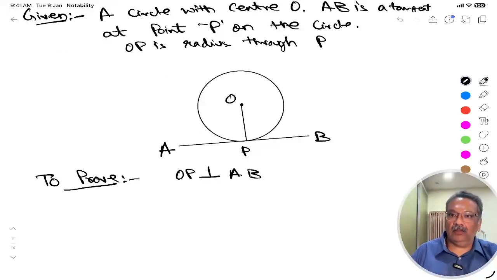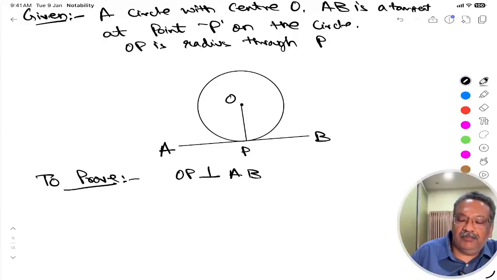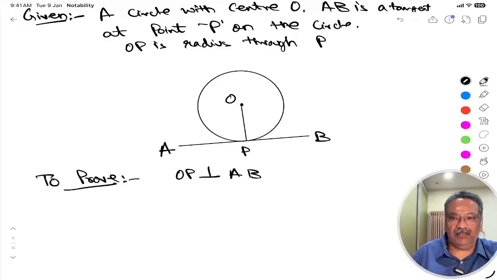Alright, now you know that this proof is by contradiction. So we have to say that it is not correct. When we assume it is not correct, it will turn out to be wrong. So when it is wrong, the assumption we made is wrong, it is a contradiction, and we have to say that it is correct.